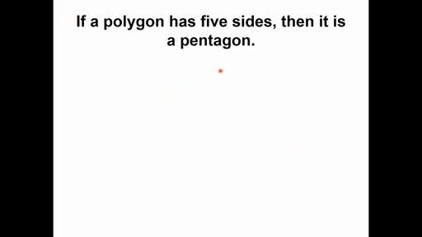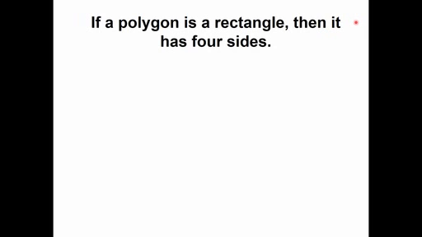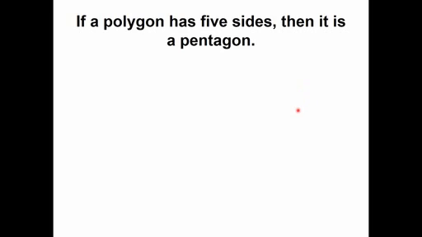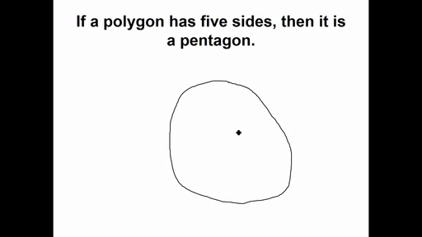So we're back over here now with a pentagon. If a polygon has 5 sides, then it is a pentagon. Oh, that's right. We're going to make an Euler diagram here. So let's see if I can get my pen. Why don't you give this a try? So if it's an Euler diagram, I'm going to have a large circle. That is not a very good circle, but this is with my mouse.